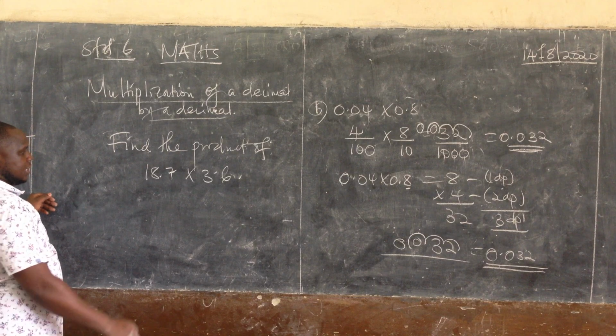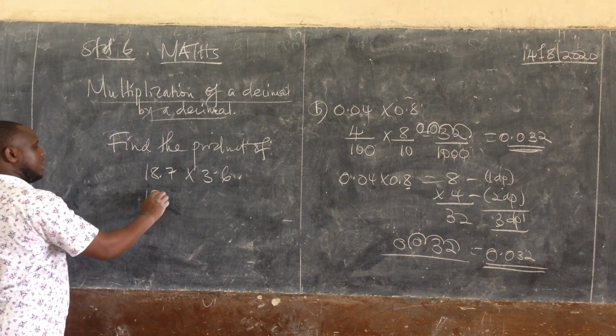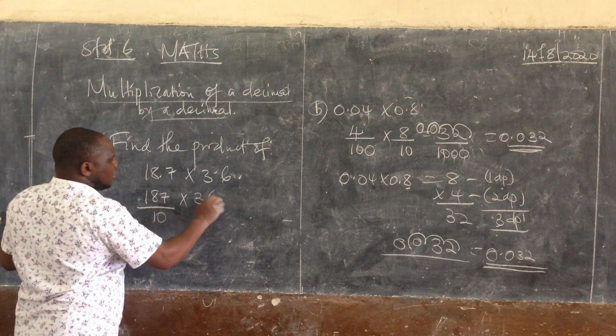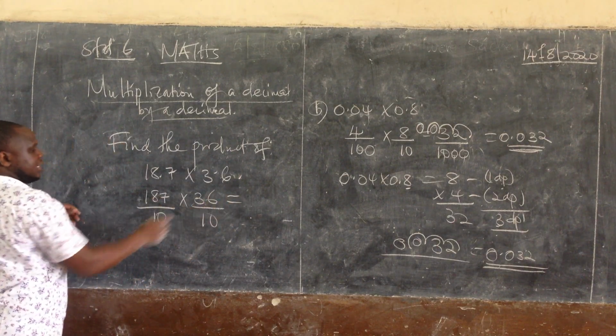In this case, we make these all whole numbers: 187 over 10 times 36 over 10. Now we multiply 187 times 36.